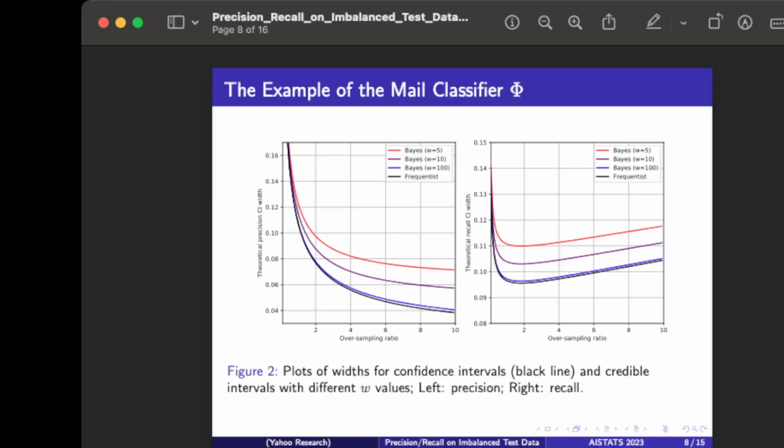For precision, on the left side, the width for both the confidence interval and the credible interval gets smaller and smaller as the oversampling ratio increases.